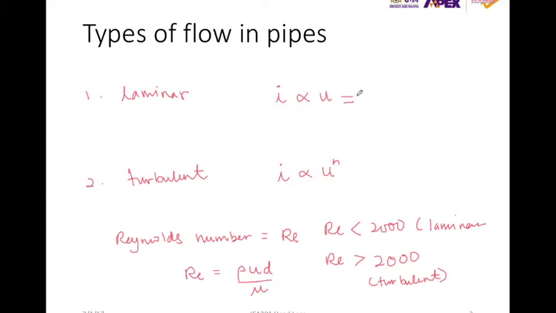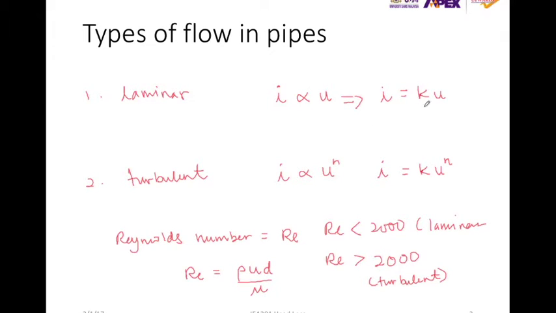Now this equation would mean that I is equal to K, a factor, times U, while for the turbulent, I is equal to another factor times U to the power of n.